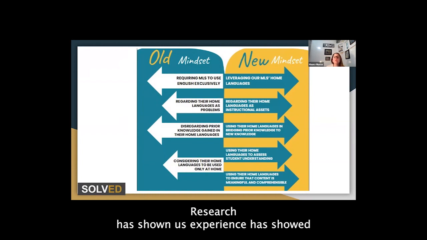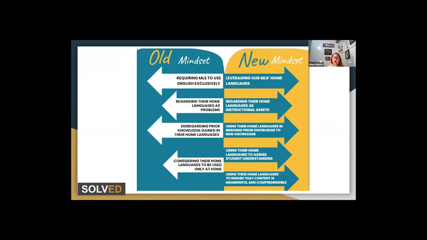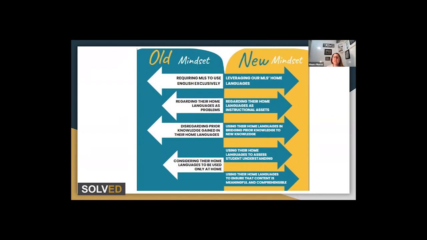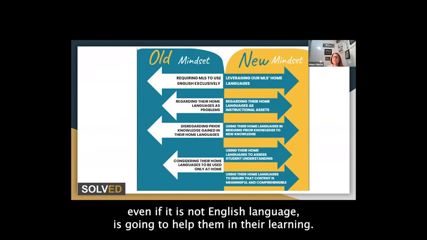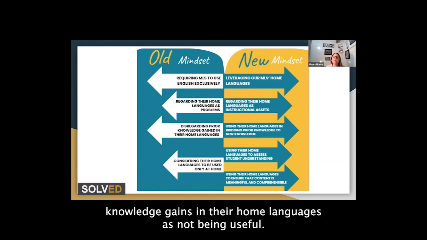Research has shown us, and experience has shown us, that their home languages are instructional assets. Just being experienced with language, even if it is not English, is going to help them in their learning. Our old mindset was that we were disregarding prior knowledge gained in their home languages as not being useful.